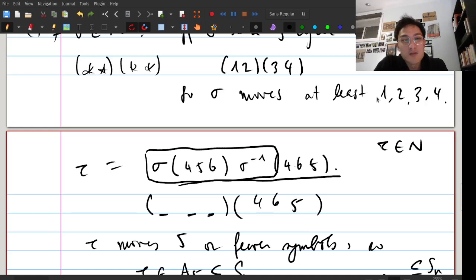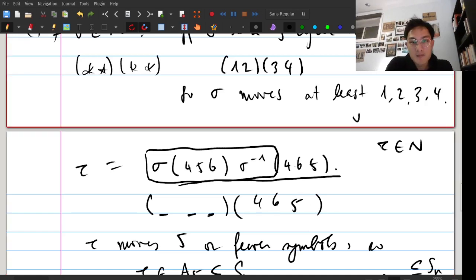So where does 1 go? 1 goes to sigma 1. Okay, we just want sigma, this thing, and then sigma inverse to not be the identity on something.